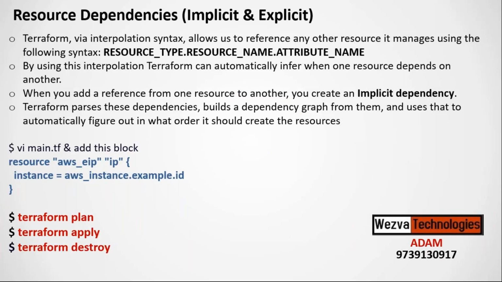There are two types of dependencies in Terraform between resources. First rule: when you run Terraform plan and apply, if there is no dependency between any resources, then Terraform will run all the resources in parallel.